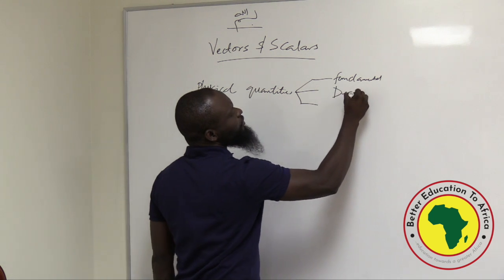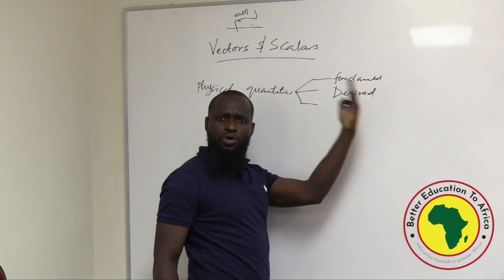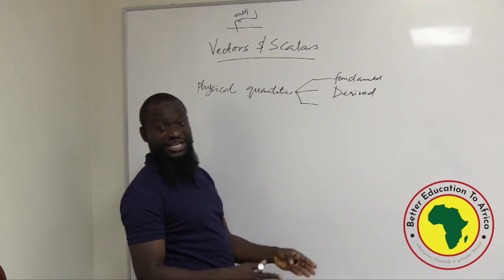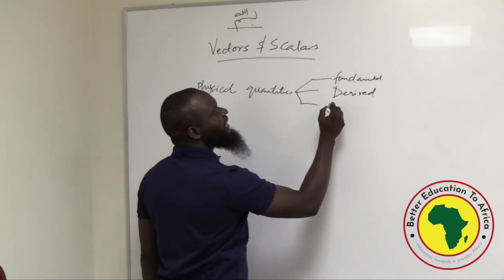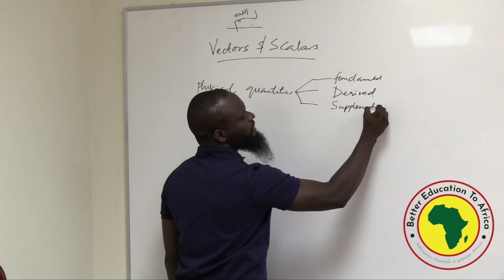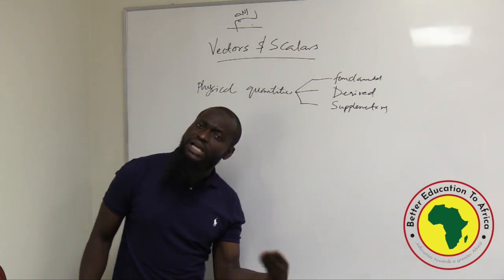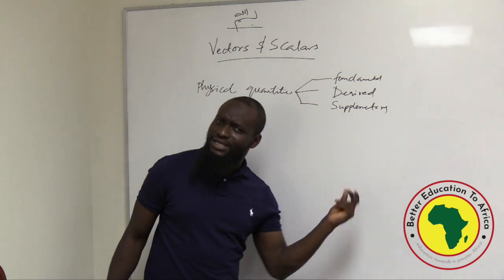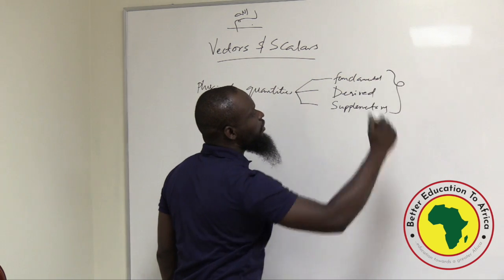Then we had the derived quantities, which come from a combination of two or more of the fundamental ones, in terms of multiplication or division. And then we have the supplementary quantities, the plane angle and solid angle, like angular displacement. We'll go into details of this when we talk about curvilinear or curved motion.